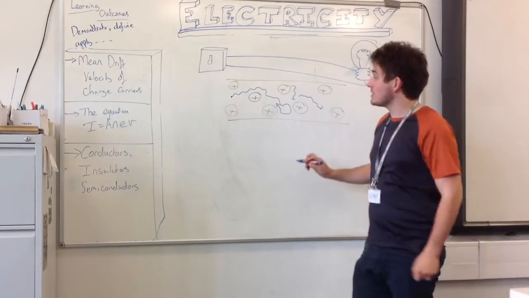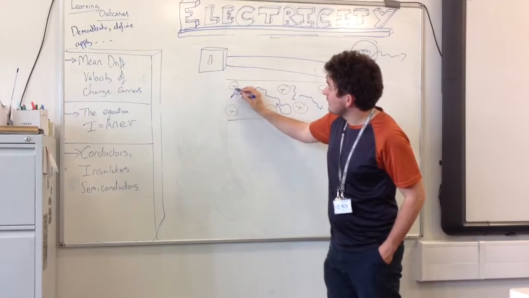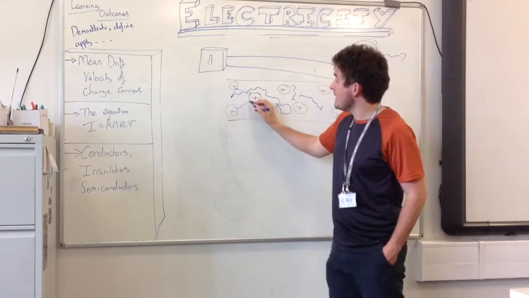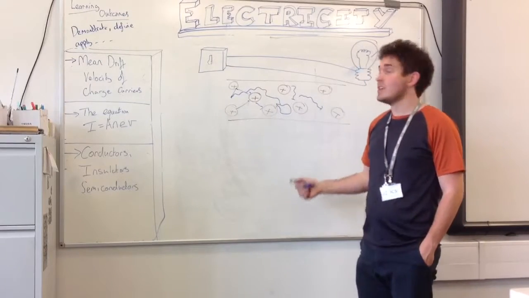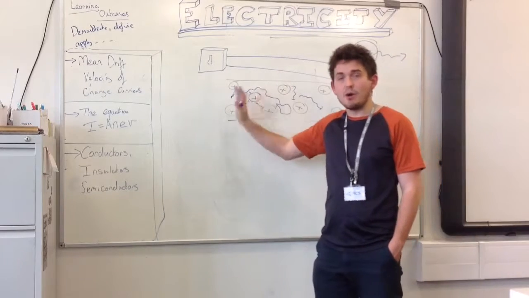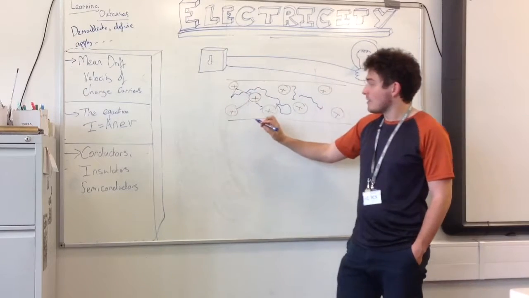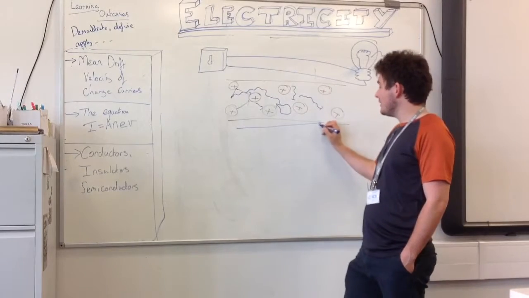And that drift velocity is to do with the fact that the electrons make lots of collisions with all these massive positive ions which take up most of the space that they're in. So the drift velocity itself is actually quite a small number, because they only need to net move in one direction.